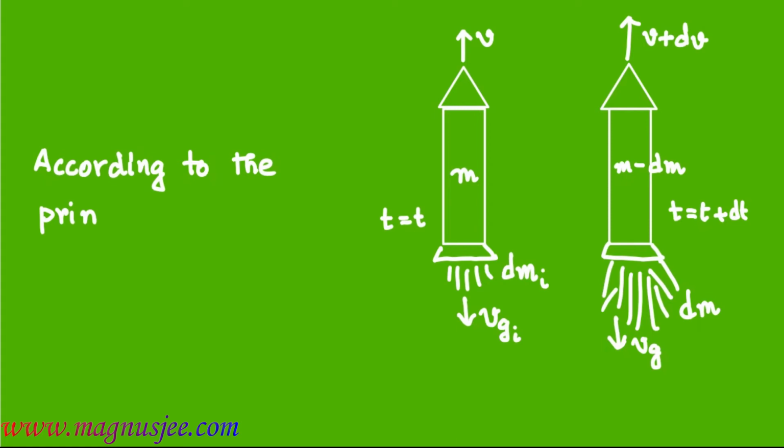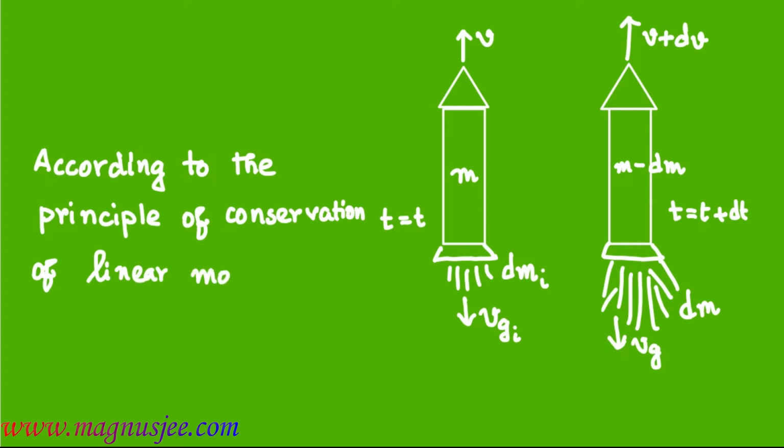According to the principle of conservation of linear momentum, the total initial linear momentum of the rocket and exhaust gases will be equal to the total final linear momentum of the rocket and the exhaust gases.